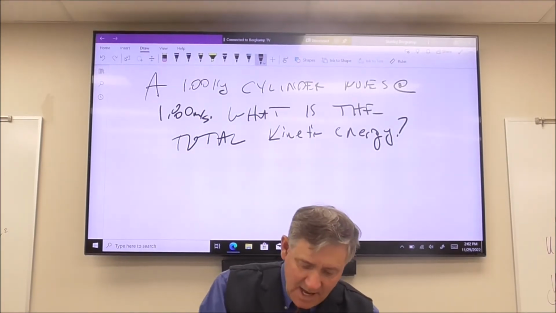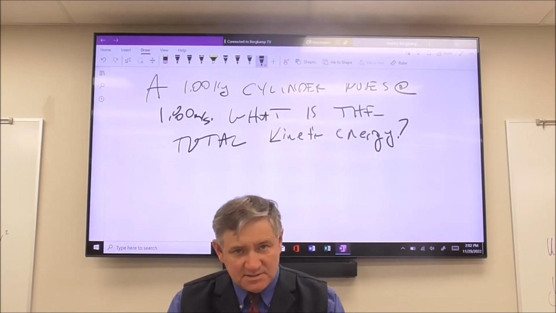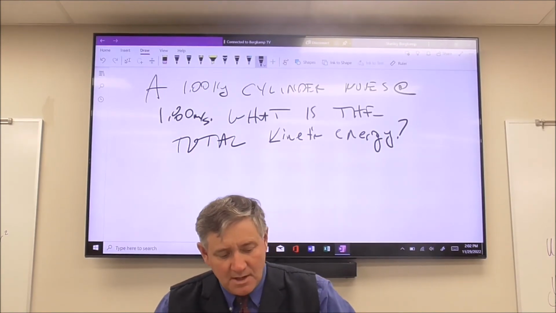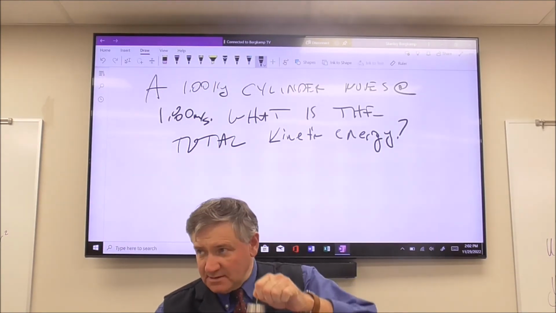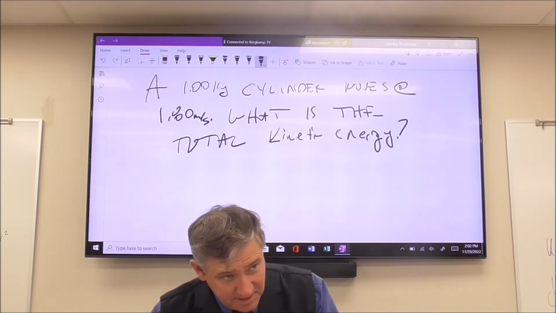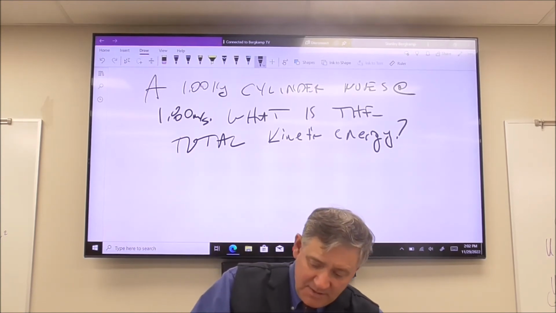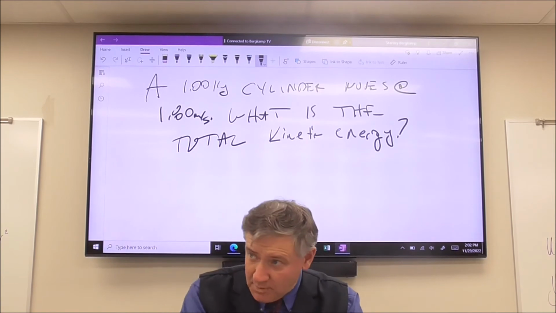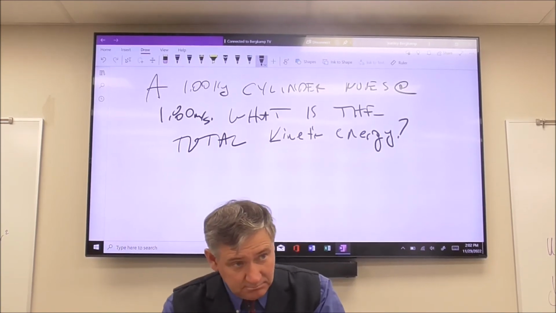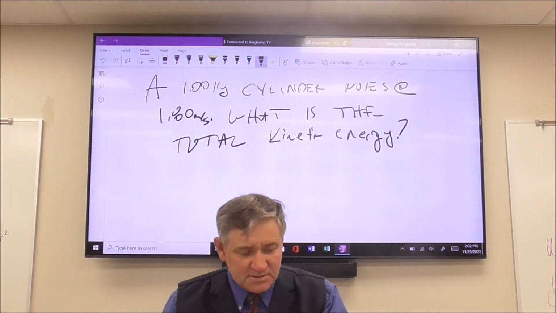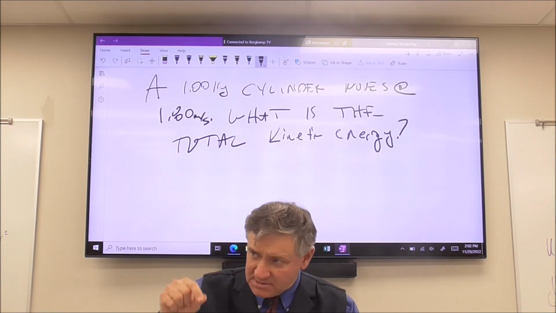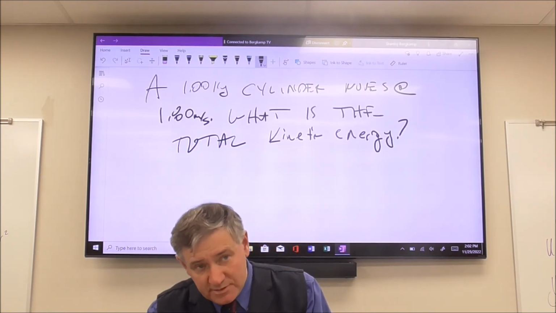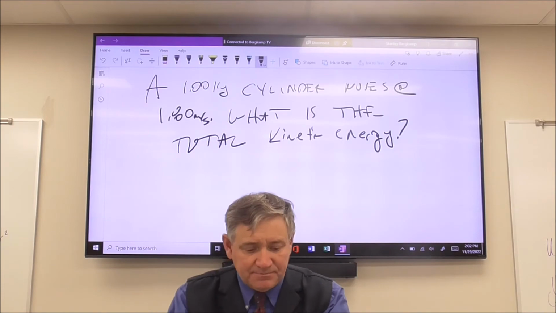If it just slides, it only has translational kinetic energy, right? If I just make it spin, then it only has rotational kinetic energy. But if it rolls and moves, it has both. Makes sense? So it's possible for an object to have translational and rotational kinetic energy at the same time.